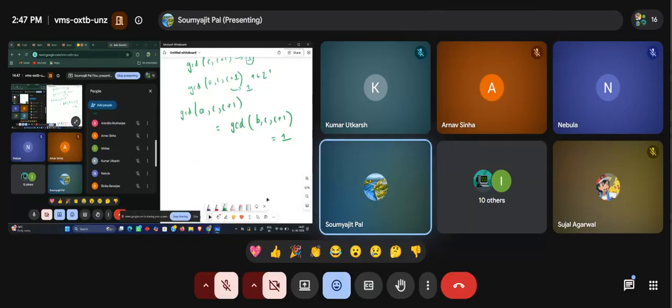Another reverse thing. Tell me one thing. GCD of A comma C plus 1, can I write it like this, GCD of GCD of A comma C, and C plus 1? Yes, it is right.